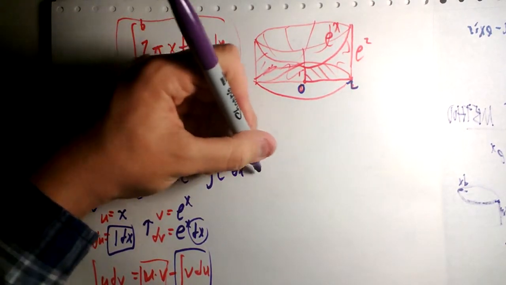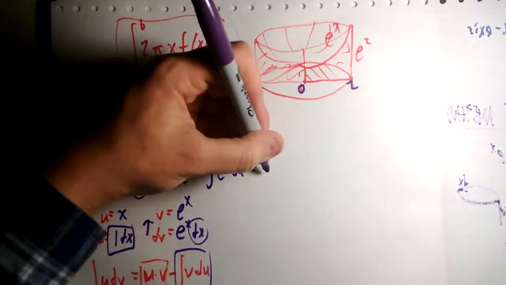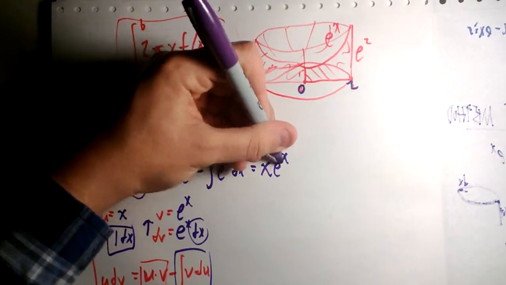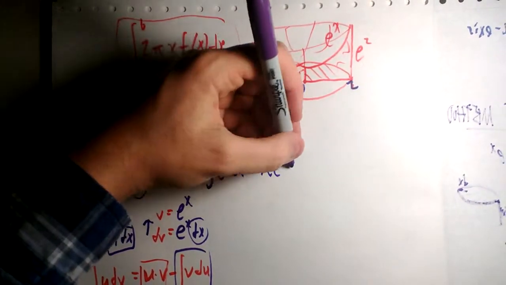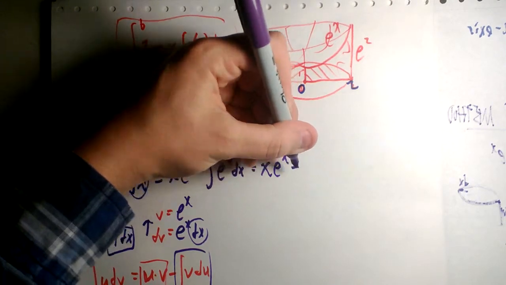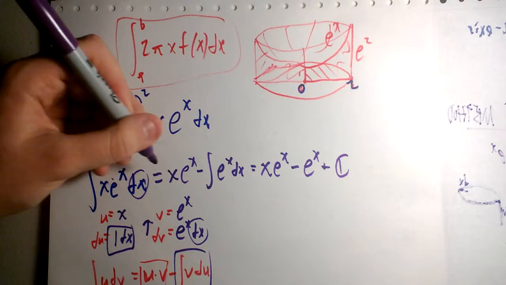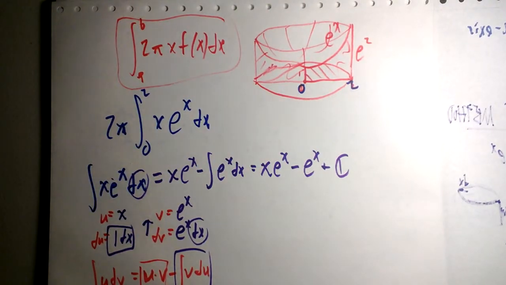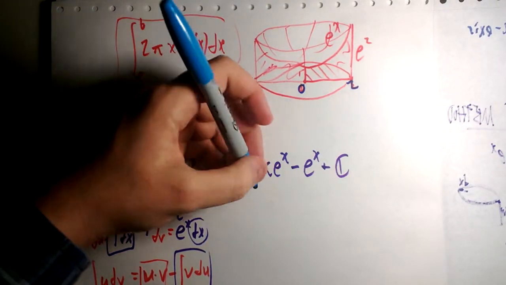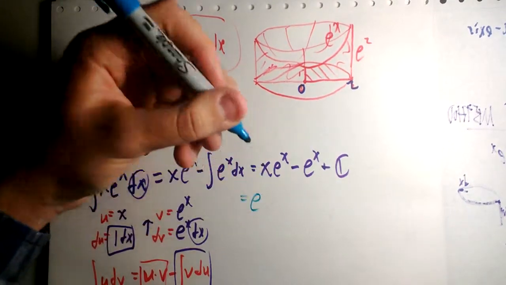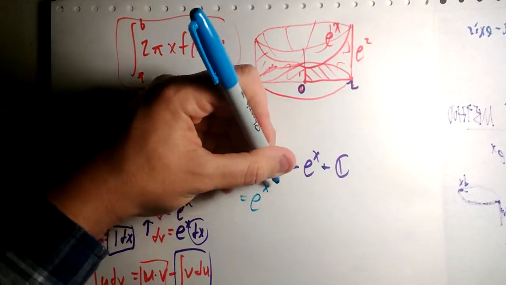All right, and what is the integral of e to the x? That is just e to the x. So the integral of x e to the x is x e to the x minus e to the x plus a constant, because that was the indefinite integral we just took. Before we continue, I'm going to factor that e to the x, because that's going to make our day happier.